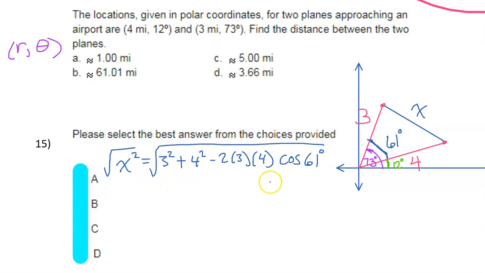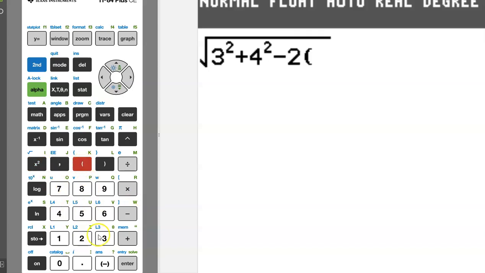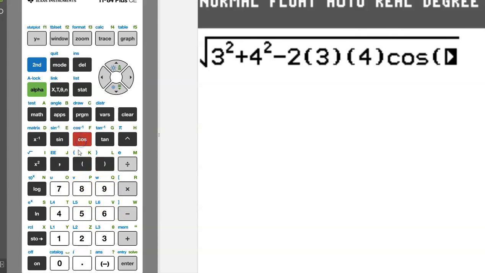So to find x, all we have to do is take the square root of both sides. So I'm going to just really put this entire expression in my calculator. So I'm going to do the square root of 3 squared plus 4 squared minus 2 times 3 times 4 cosine 61.